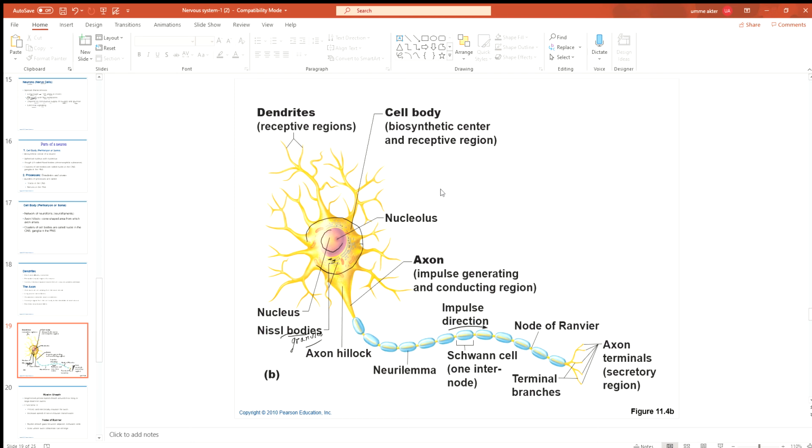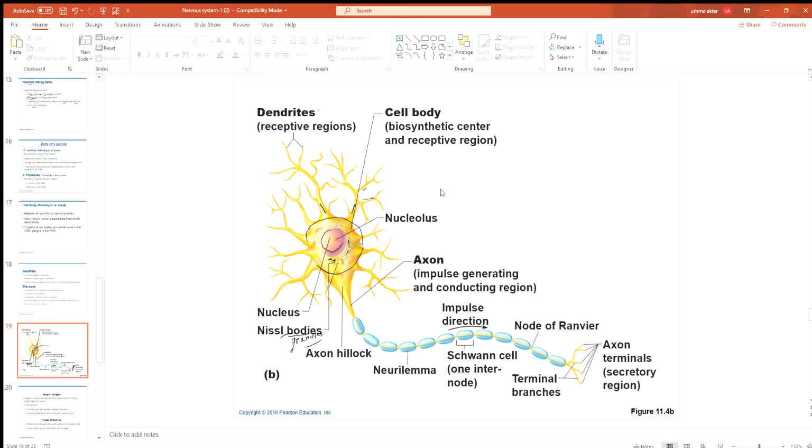They are highly concentrated endoplasmic reticulum, and then from the cell body you see a number of short branching processes arise, and these are called dendrites.